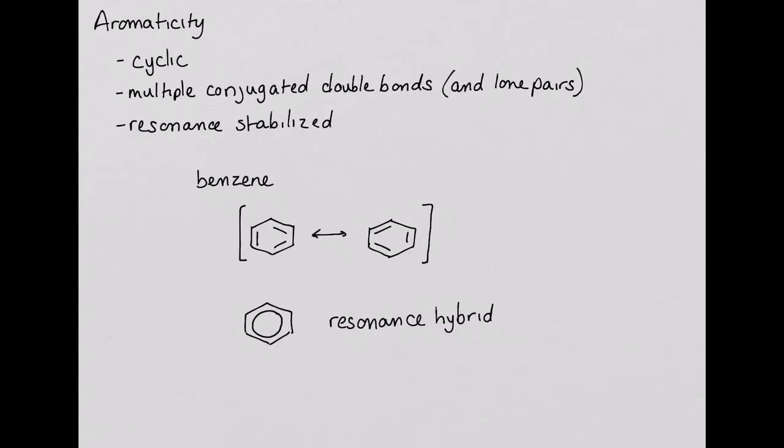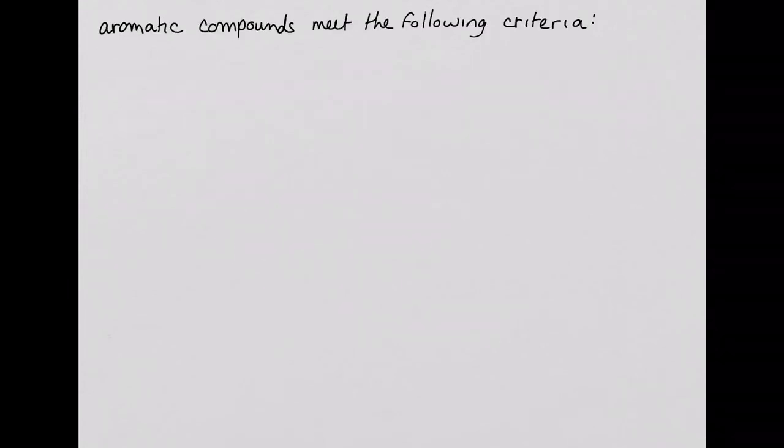Because aromatic compounds react differently than other alkene-containing molecules, it's important to be able to distinguish aromatic compounds from other types of double bond-containing compounds. Aromaticity can be identified in compounds that meet the following criteria. First, the compound must be cyclic. Second, every atom in the ring must have at least one unhybridized p orbital.